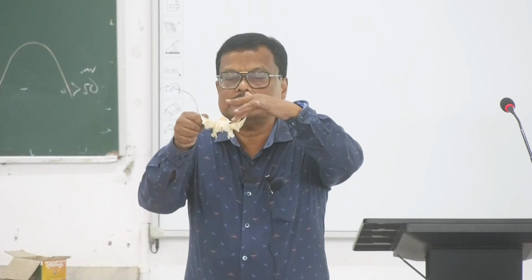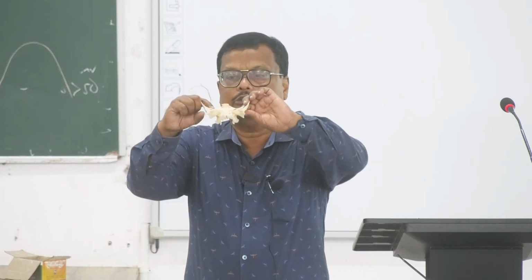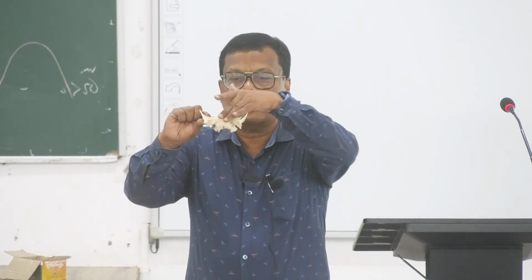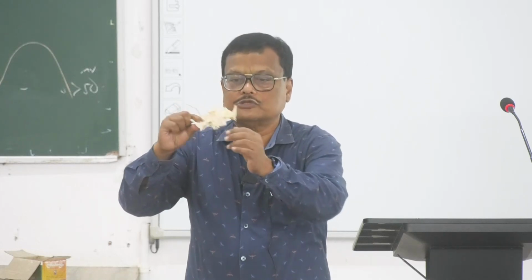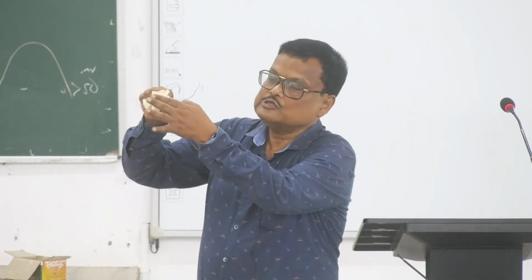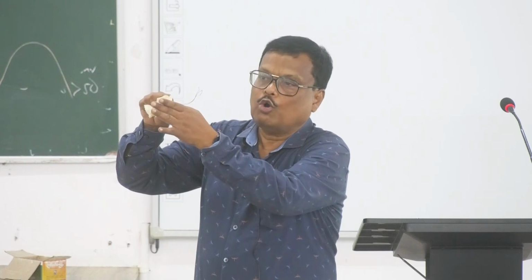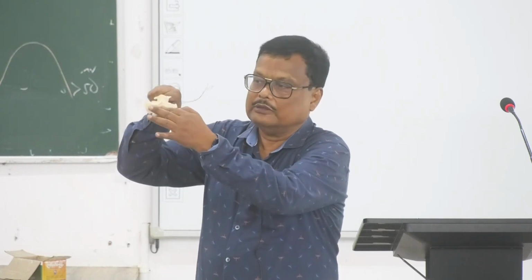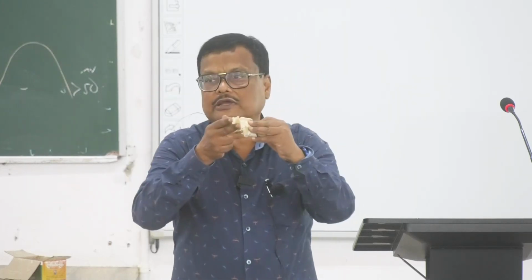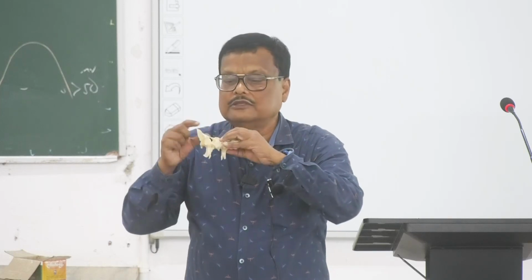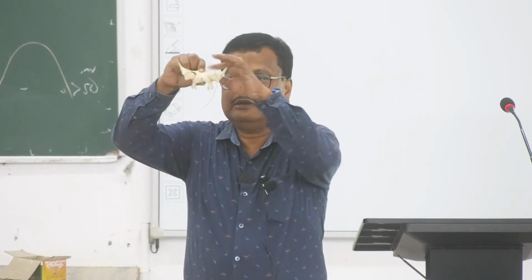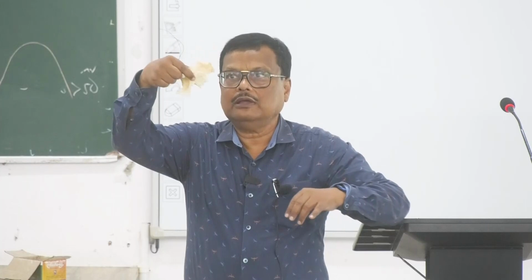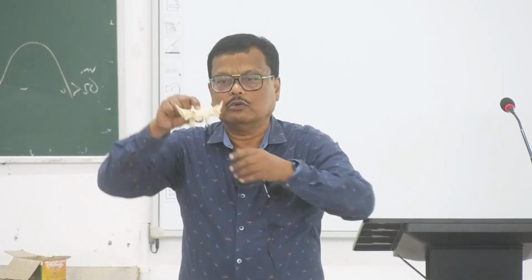Lesser wing has got an upper surface and a lower surface. In the greater wing, this part is known as the orbital surface of the greater wing. This one on either side, right? And this is the body of the sphenoid bone.